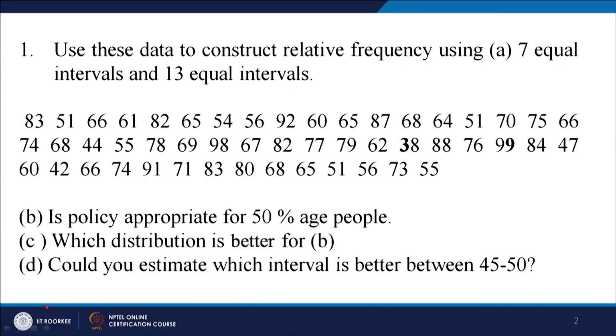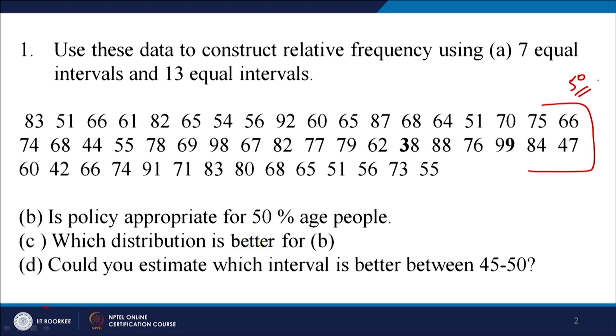So, let us take the first example. This is an example wherein an organization has collected data of its 50 people, and the data is on the age of those 50 people.